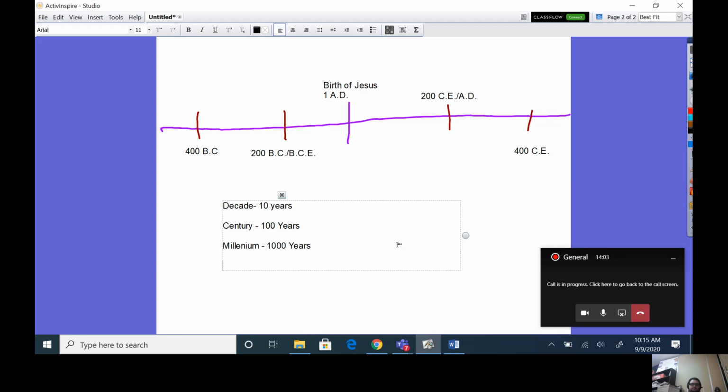Century is 100 years. A millennium is 1,000 years. So that pretty much walks us through how to look at a timeline, the different vocabulary and abbreviations that we will have to use when looking at a timeline.